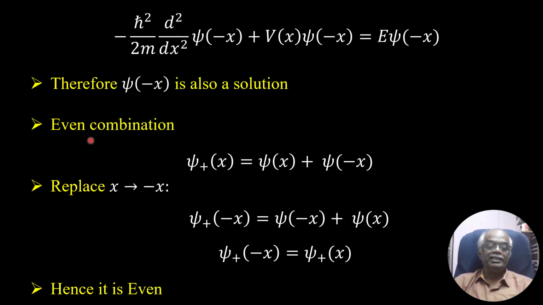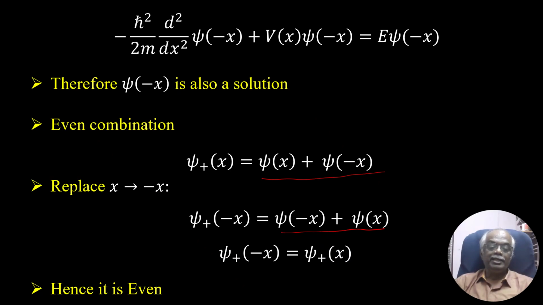Now let us take the even combination. ψ₊(x) is equal to ψ(x) plus ψ(−x), because we are taking a linear combination. Now replace x by minus x. So on the left side you will get ψ₊, where plus indicates even, of minus x, which is equal to ψ(−x) plus ψ(x), because we are replacing x by minus x. Now you compare this and this.